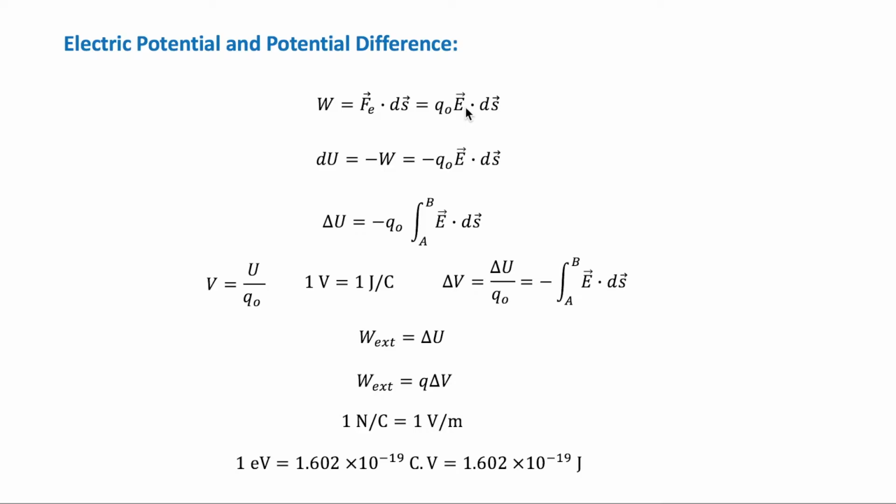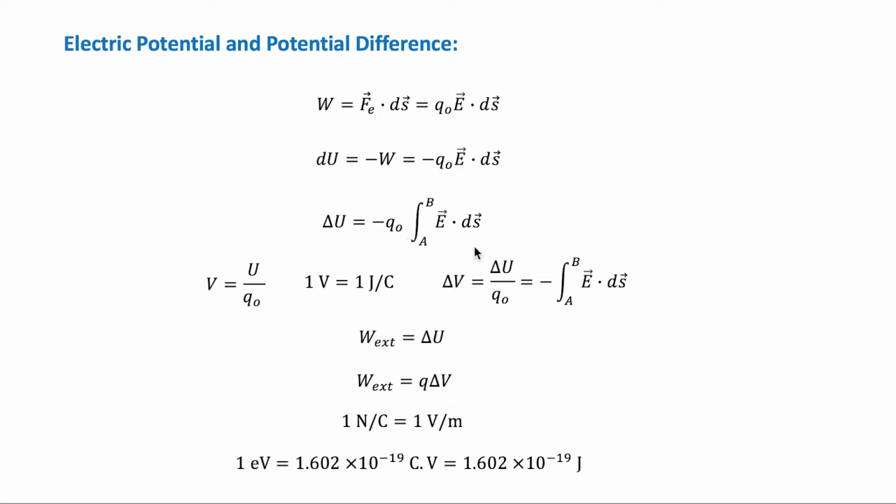And since this force is conservative, we may write that dU, the change in the potential energy of the particle-field system, is equal to minus W, okay? And so we have for the change in the potential energy as the particle moves from A to B is equal to minus Q naught integration from A to B of E dot ds.